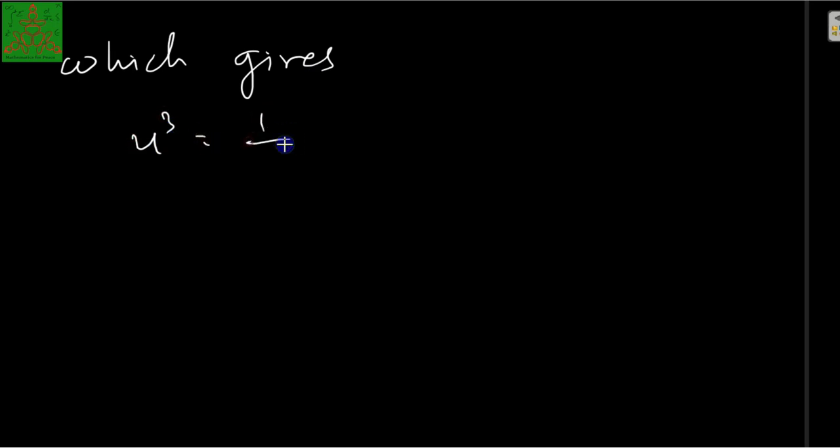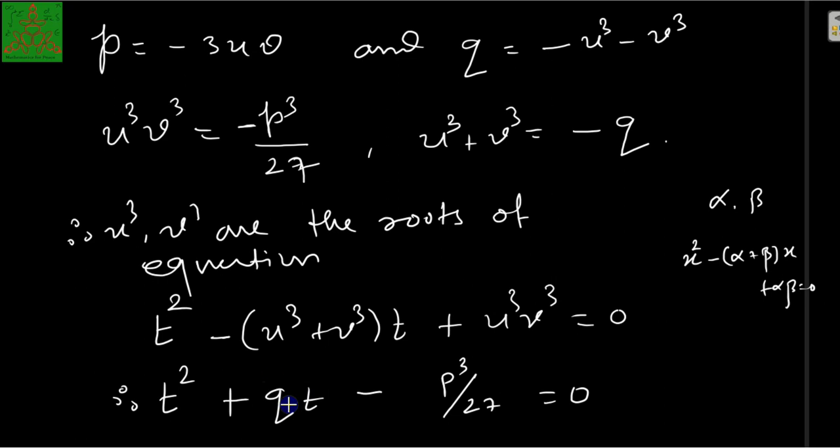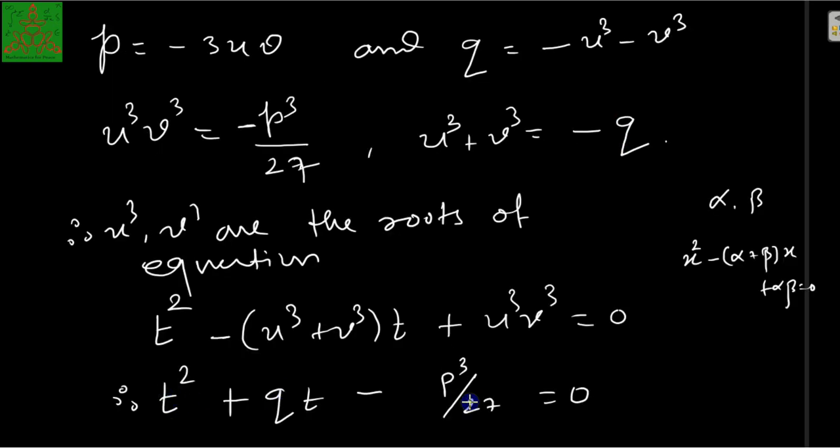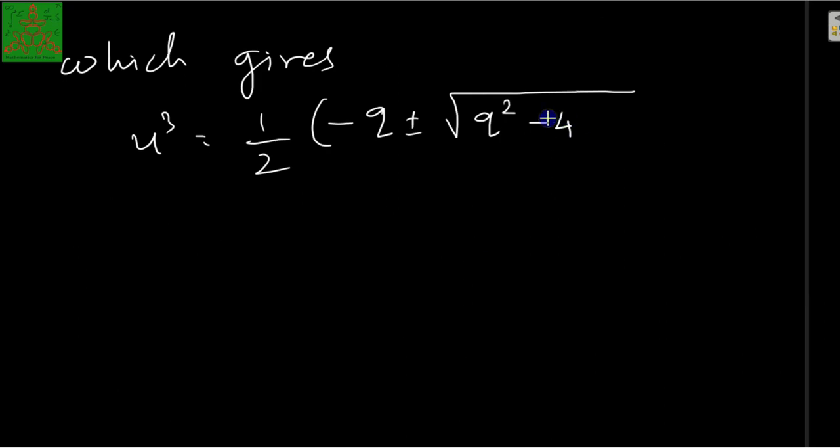We know how to solve this quadratic polynomial by the formula minus b plus or minus square root of b square minus 4ac upon 2a. Which gives u cube equal to 1 by 2 of minus b, where the value of b is q here, so it is minus q plus or minus square root of q square minus 4ac, where a is 1 and c is minus p cube by 27, so that is plus 4 p cube by 27, upon 2a.